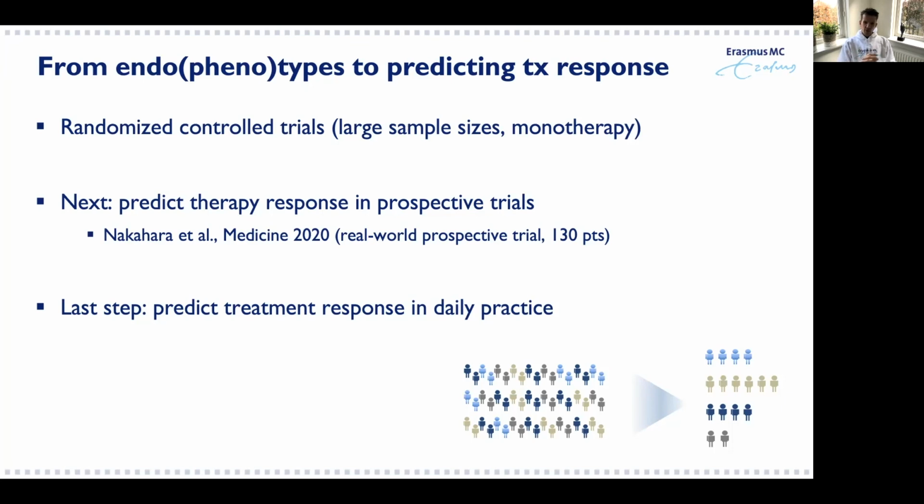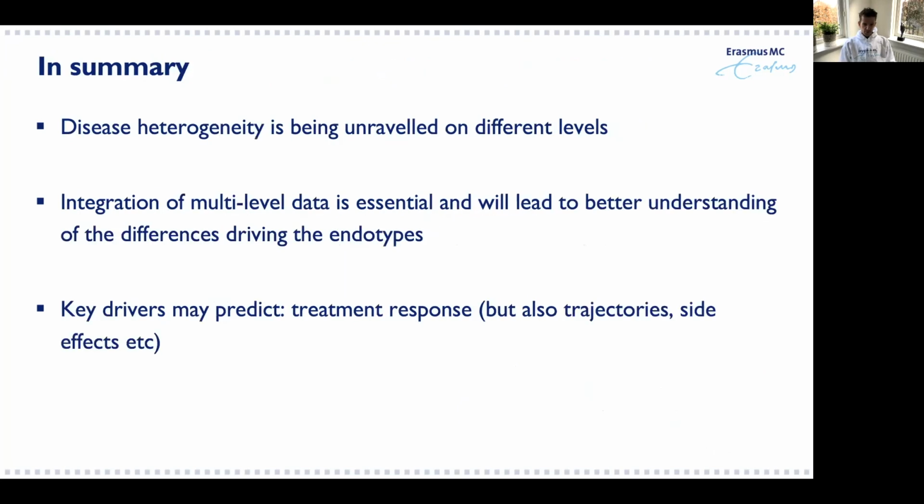They cannot switch from one topical steroid to the other. So this is going to be an interesting study when the results come out. And then finally, of course, you do want to predict treatment response in daily practice, and you want to know if these concomitant medications are okay, if predicting still works in these patients.